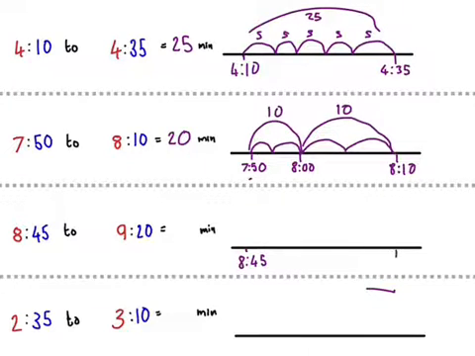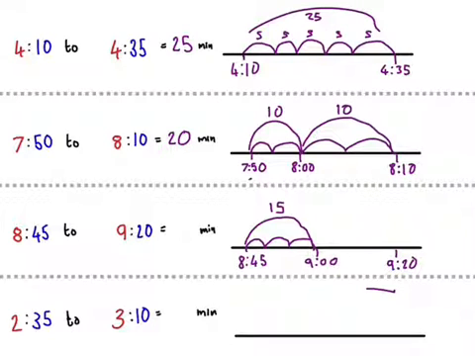Right. 8:45 to 9:20. Well, it's just before 9 to just after 9, so the bit in between is 9. And let's see how we get from 8:45 to 9. 8:45, 50, 55, 60. So the jump to the next hour is 15 minutes.